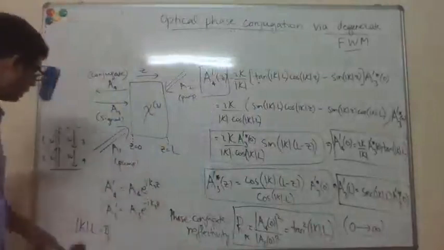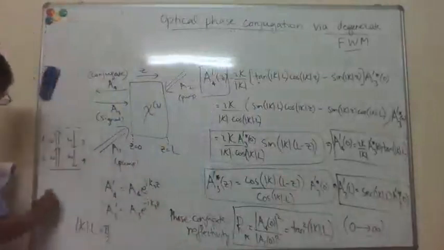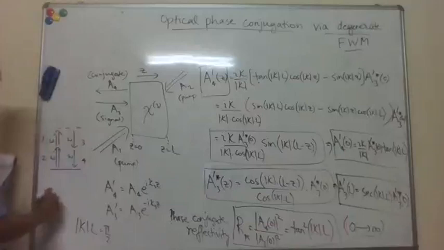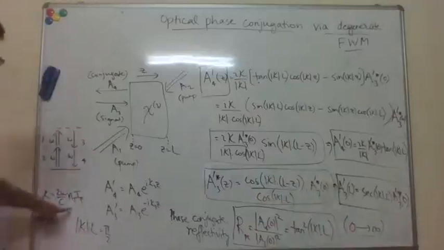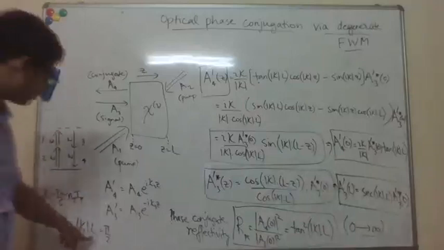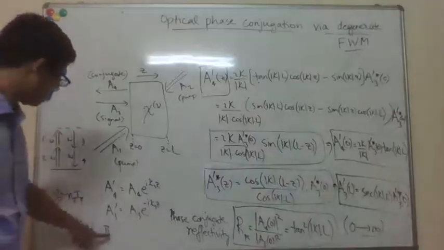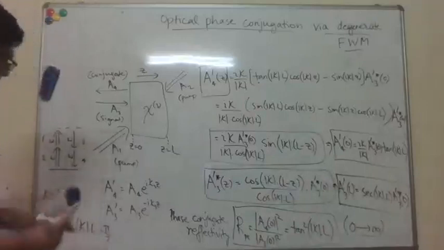And this kappa was proportional to the pump intensity, so it is like K N2 I times L equals pi by 2.